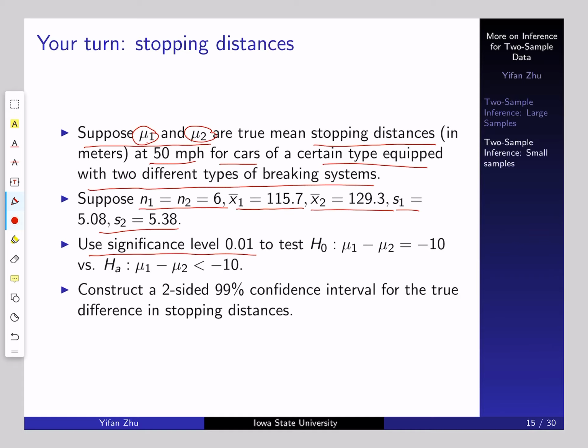The test is to test at a significance level of 0.01 if mu1 minus mu2 is less than -10.